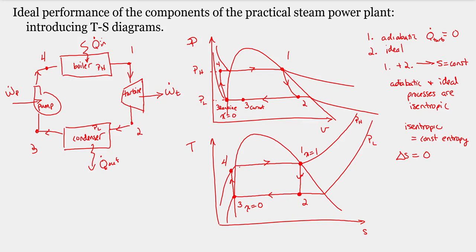The only part that isn't a rectangle is this little portion right here prior to the entrance of the boiler, where we're a little bit outside the vapor dome. Okay, so you should be able to draw both these diagrams, both the pressure volume and the temperature entropy diagram for these basic components. And we'll start taking this basic layout and we're going to perturb it.